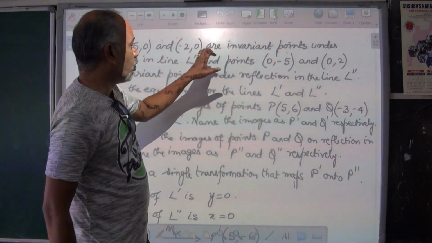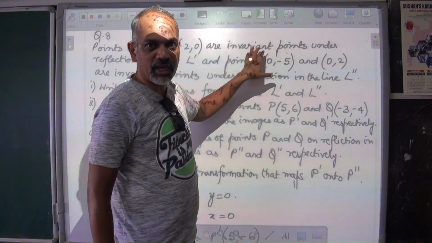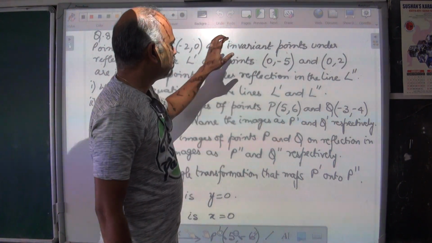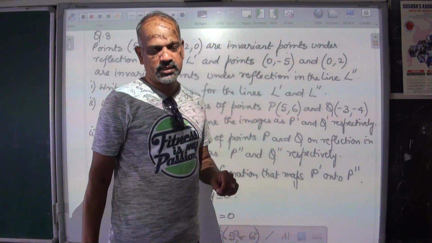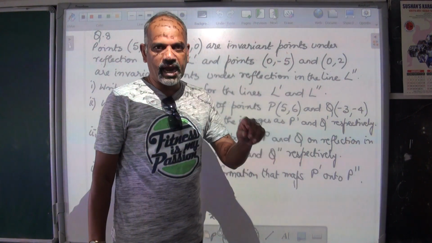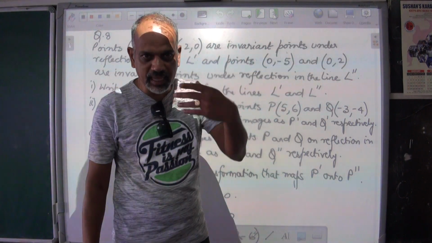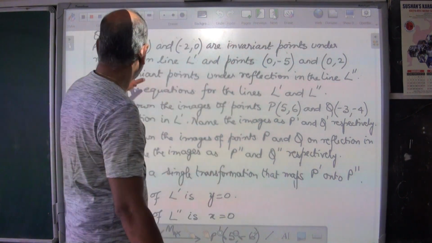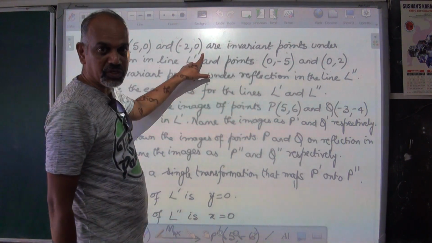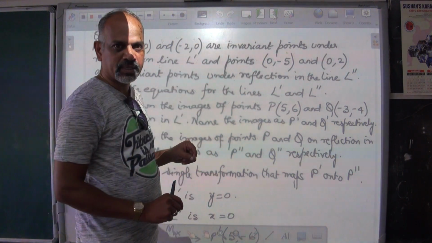Okay. Now, when do you call some points invariant points? Those points should be lying on the mirror itself. If they lie on the mirror and if you try to reflect them in the same mirror, then they do not change. Okay. That is, (5, 0) and (-2, 0) lie on a certain line.